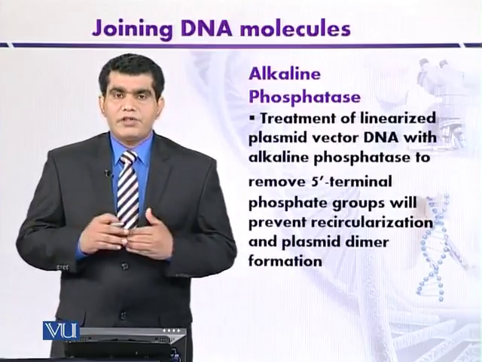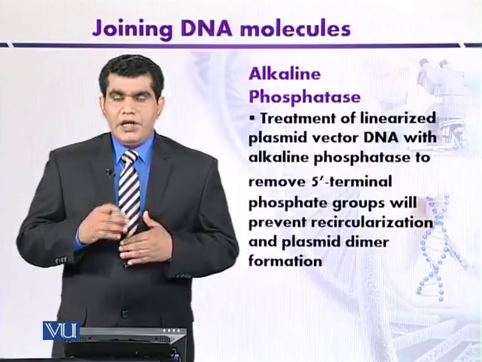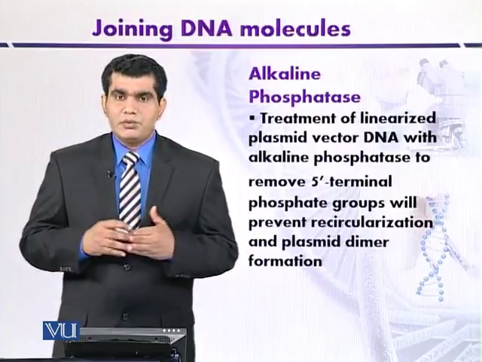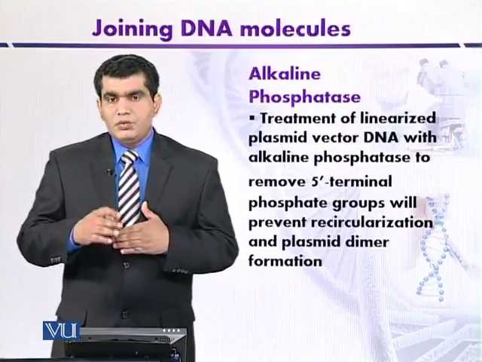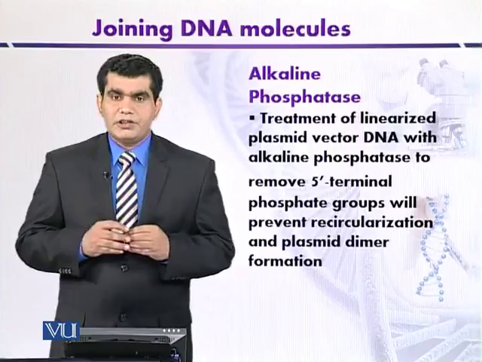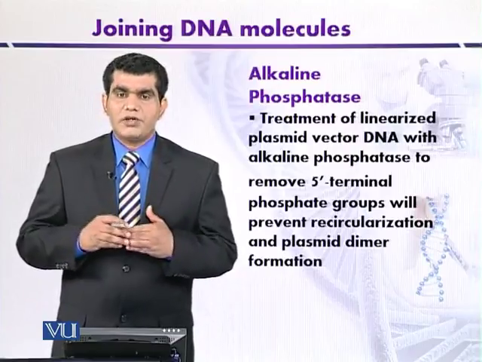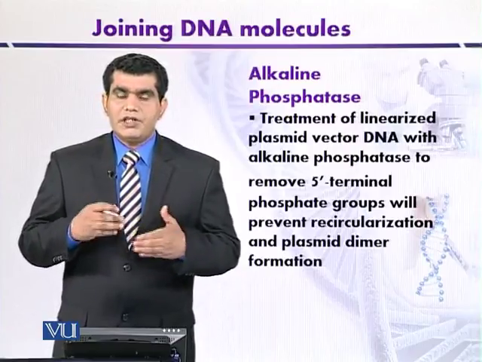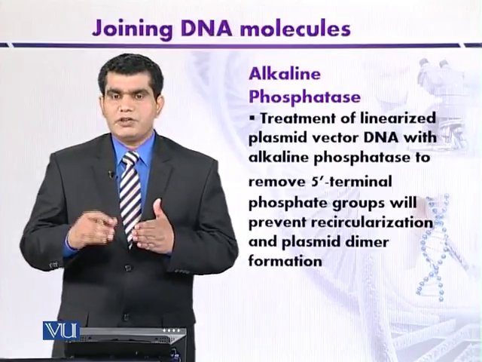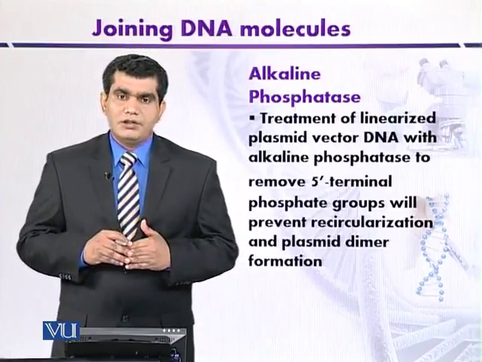Now alkaline phosphatase enzyme is another source that we can use to overcome this problem, that is recircularization of the vector DNA. So this alkaline phosphatase is an enzyme that can remove 5' phosphate group from the target DNA.